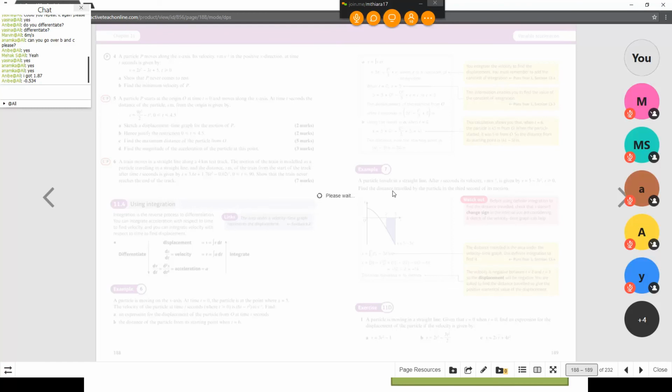Right, for the next exercise 11C, could you please do 4, 5 and 6 for homework? So for 11C, could you please do 4, 5 and 6 for homework? I'll call that a lesson now, and I'll have another lesson next week. I need to figure out a time.